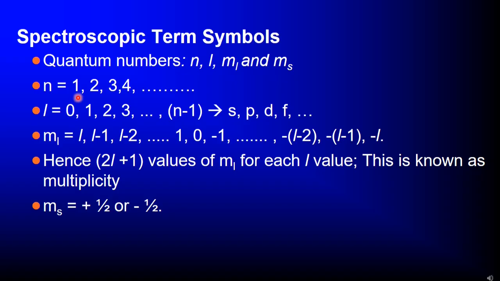Then we have ML, where we can start with L, then L minus 1, then L minus 2, continue like that, 0, then we start going to the negative, as you can see. That's explained there. Then we have MS, which is either positive a half or negative a half.